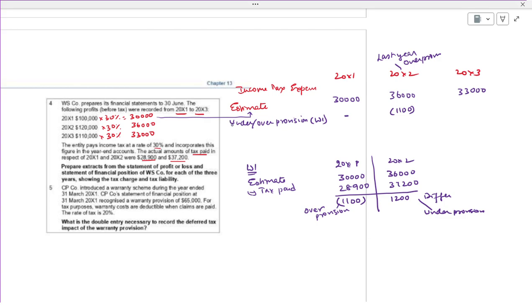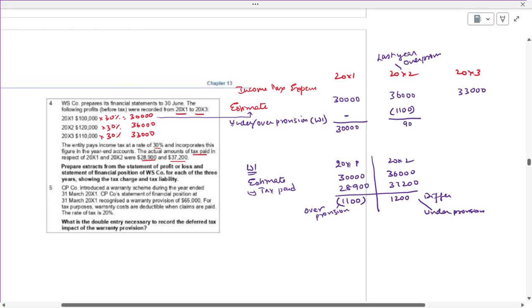The 2001 over provision will be taken to 2002. How much are we paying here? It is 30,000. And here it is 36,000 minus 1,100, which comes to 34,900.